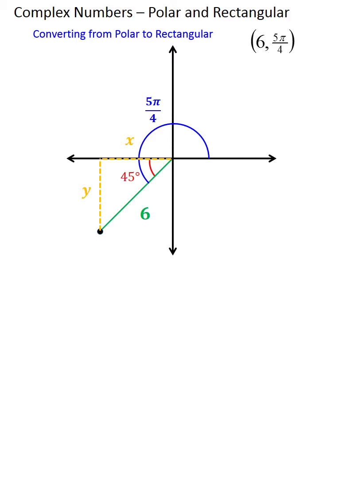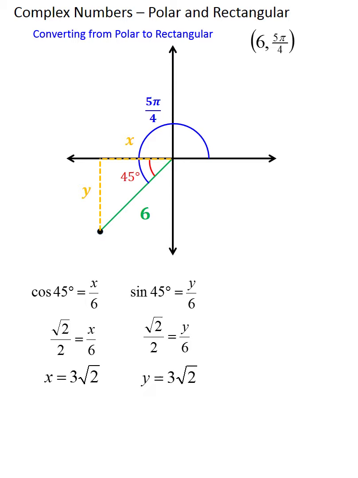And once you've realized that, you can set up an equation to solve for x and an equation to solve for y, and do the basic algebra using your knowledge of what the cosine of 45 and the sine of 45 are. And using some basic algebra and arithmetic, you'll solve for x and y.